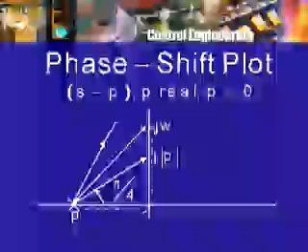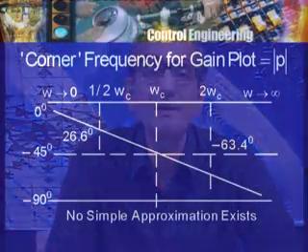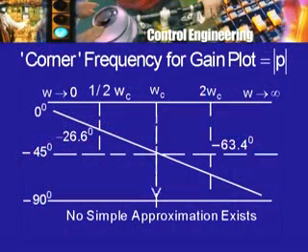Since these two sides are equal, this angle is pi by 4 or 45 degrees, and therefore the phase shift corresponding to the corner frequency is 45 degrees. So, if this is my corner frequency for that particular pole, then the phase shift here will be 45 degrees, and that is between 0 and 90. So, here is one more point on the curve. I am here somewhere for the low frequency and here for the high frequency end.